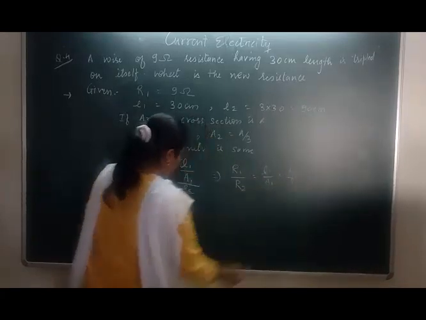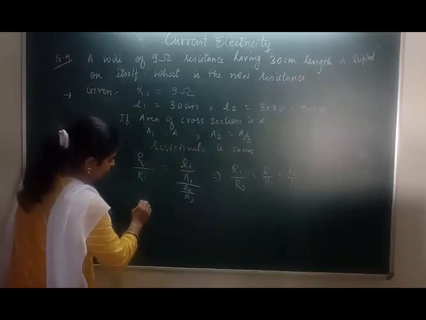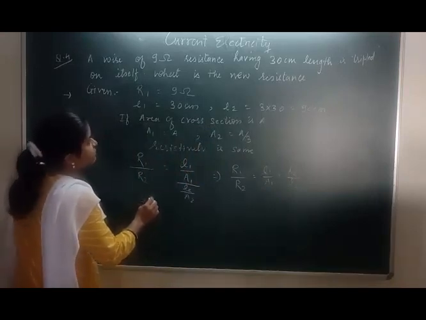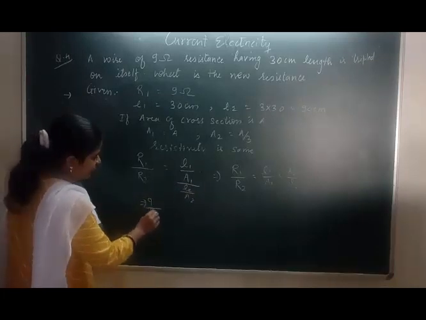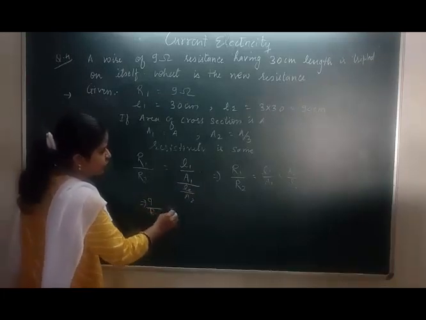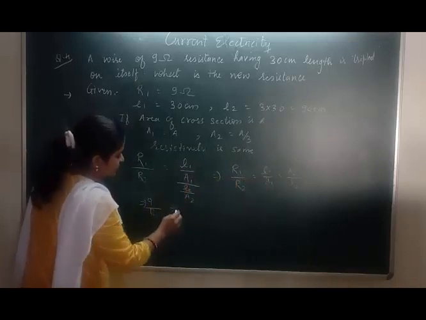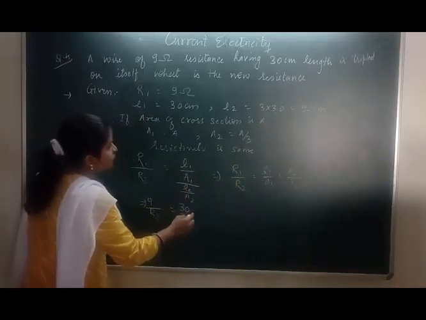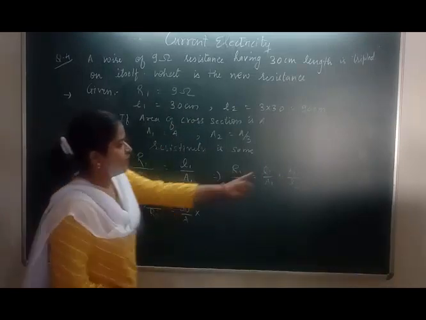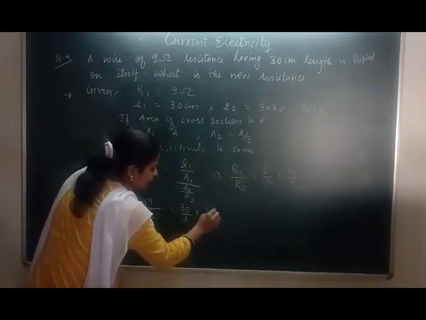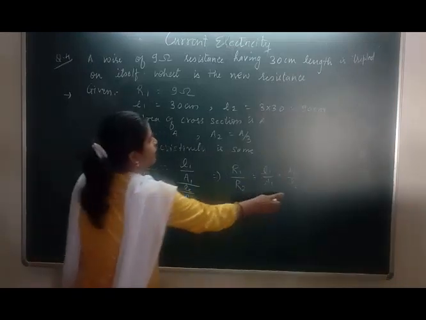So we can put 9 ohm upon R2, we don't know the value, just put it over here. L1 value is 30 centimeter. A2 as A we have taken over here. A2 is A by 3 and L2 is 90.